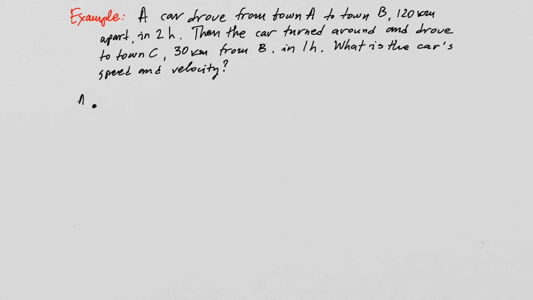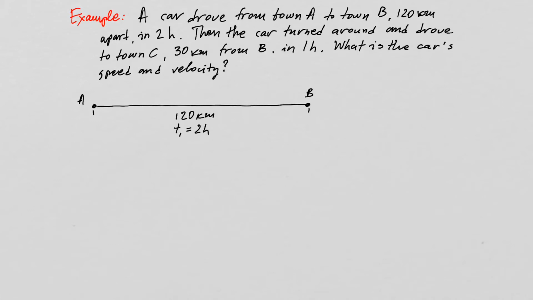So the car starts from town A, drives to town B. So this distance is 120 kilometers, and the time it took to get there, let's call this time T1, is 2 hours.